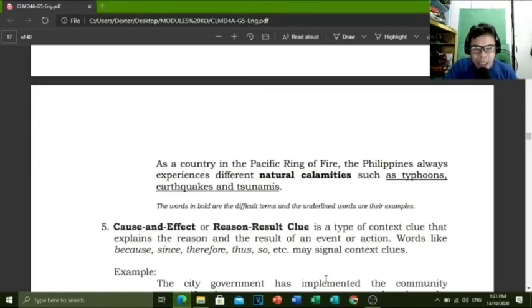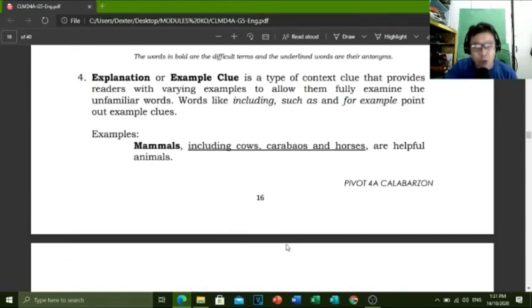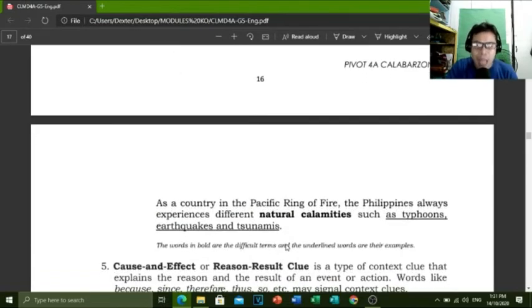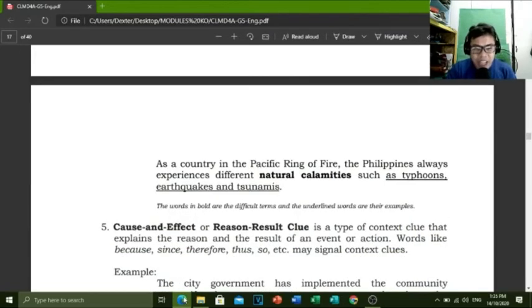Let us now read the second example under explanation or example clue. As a country in the Pacific Ring of Fire, the Philippines always experiences different natural calamities such as typhoons, earthquakes, and tsunamis. Again, as a country in the Pacific Ring of Fire, the Philippines always experiences different natural calamities such as typhoons, earthquakes, and tsunamis. In this sentence that we have just read, what is the unfamiliar word? Yes, you are correct. Natural calamities.